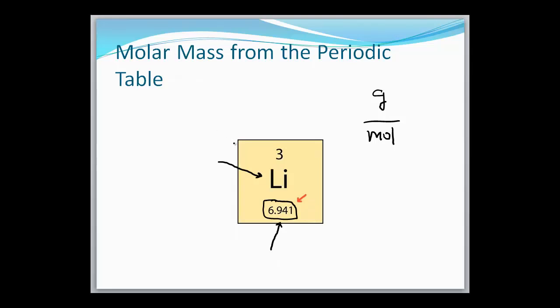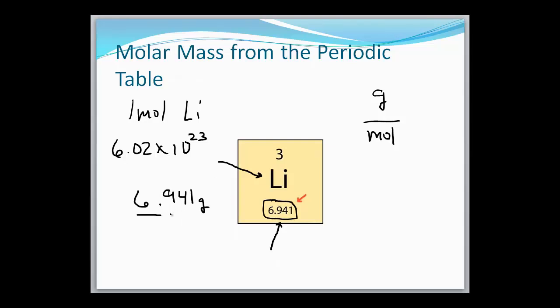What that means is if you took 1 mole of lithium, and we know what that is now, that would be 6.02 times 10 to the 23rd atoms of lithium, and you put that on a balance, the balance would read 6.941 grams. So we have 6.941 grams of lithium for that mole of lithium.